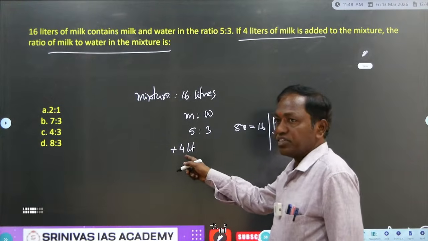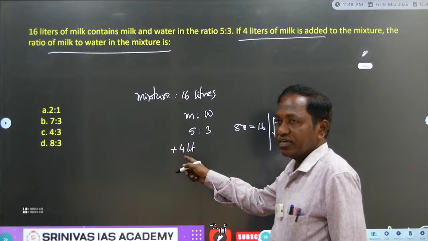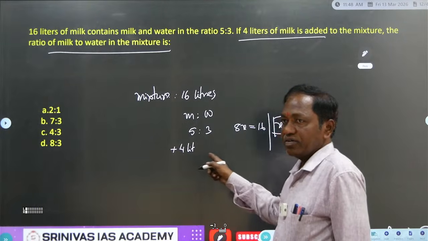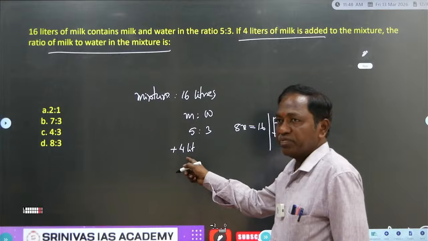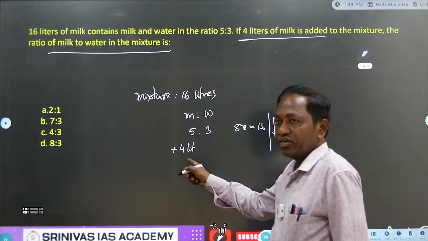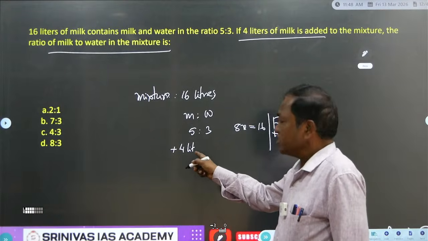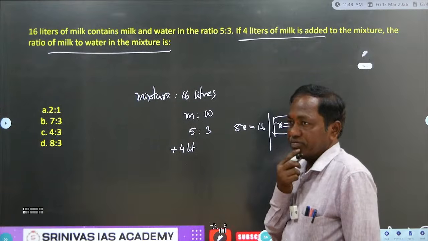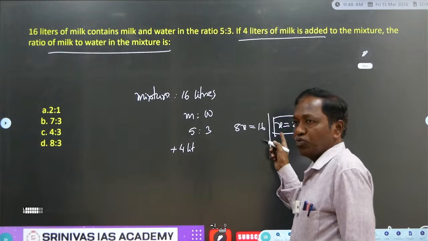The x value is 2. So 4 liters means how many ratios are added?